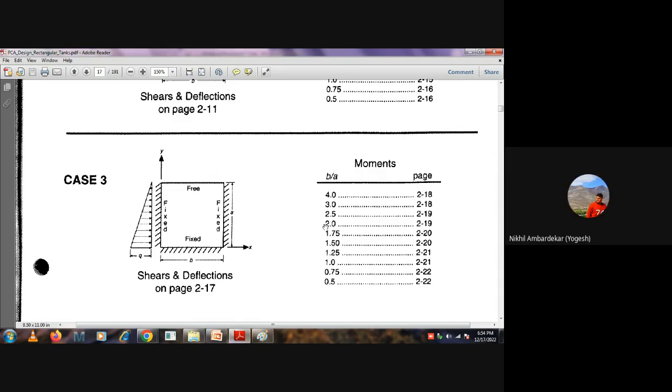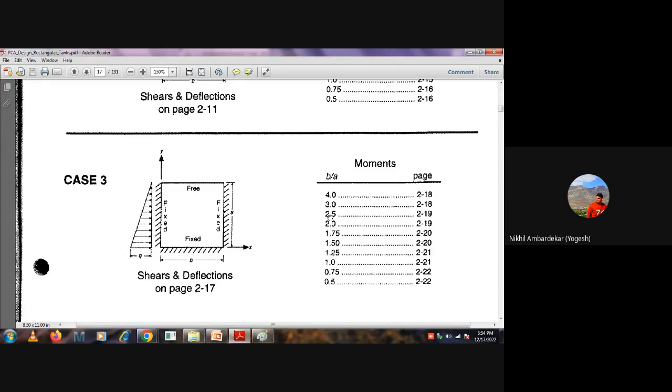We have 2.5 and 2. So definitely you can interpolate. Otherwise, you can directly assume 2.4 is equal to 2.5, a little bit on the higher side. Don't go with the 2 because it's 2.4. Even though it is 2.1, I recommend using 2.5.